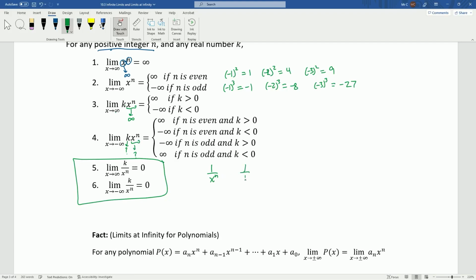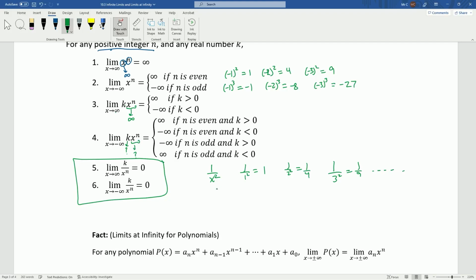So if I look at 1 over 1, that's 1. If I look at 1 over 2, that's 1/2. I should say 1 over x squared. Let's actually pick a value. So 1 over 1 squared is 1. 1 over 2 squared, that's 1/4. 1 over 3 squared, that's 1/9, and so forth.